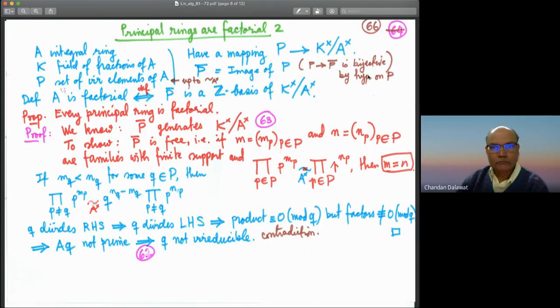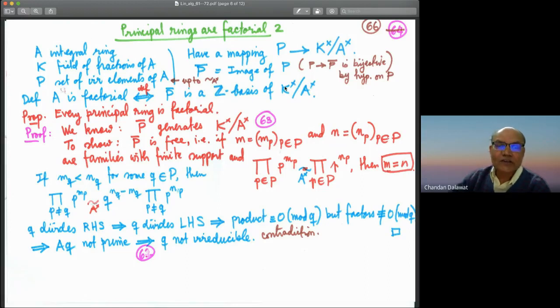This definition makes sense for any integral ring whatsoever. And I call this ring factorial if P bar is a Z basis of K star modulo A star, which is a commutative group. If P bar happens to be a basis of this Z module, then I call the ring factorial. So this concept should be clear.